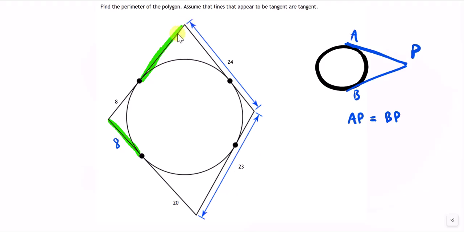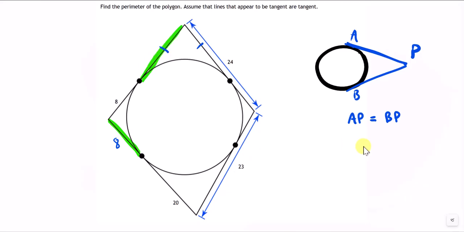I see that this line is tangent to the circle at this point, and this tangent line is also tangent to the circle at this point, and the 2 lines are from an outside point, this point right here. That means this side and this side must be the same value, right? But how do I figure out this amount? If I know this amount, then it should be the same as this one.